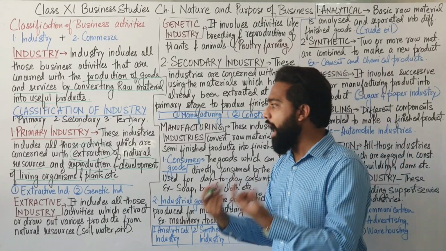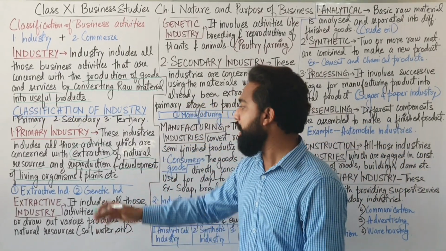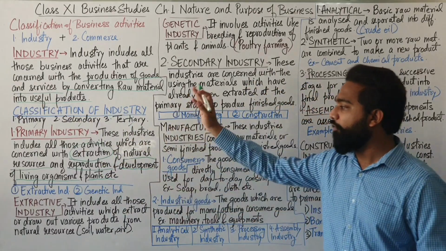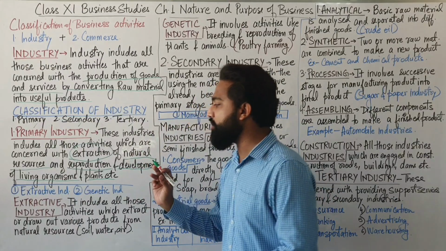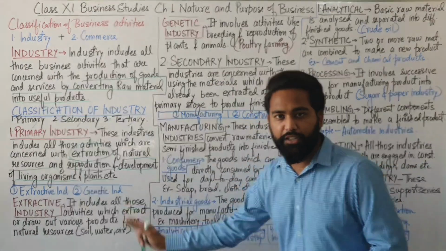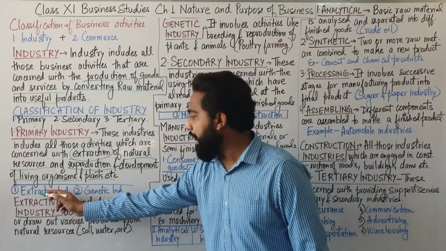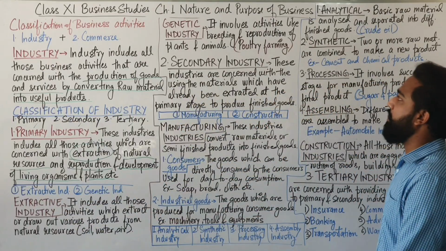Basically, we extract the natural resources and we help in the reproduction and development of living organisms and plants. Now, under the primary industries, there are two sub-primary industries. The first one is extractive industry and the second one is genetic industry.